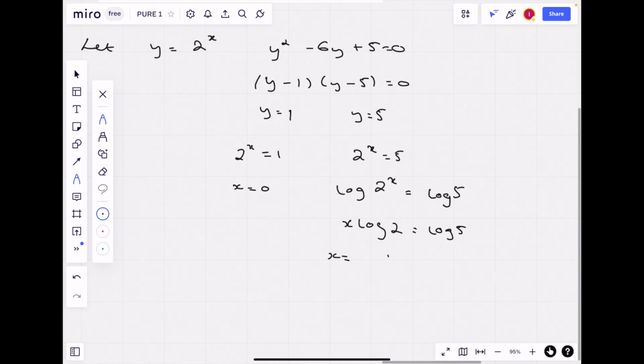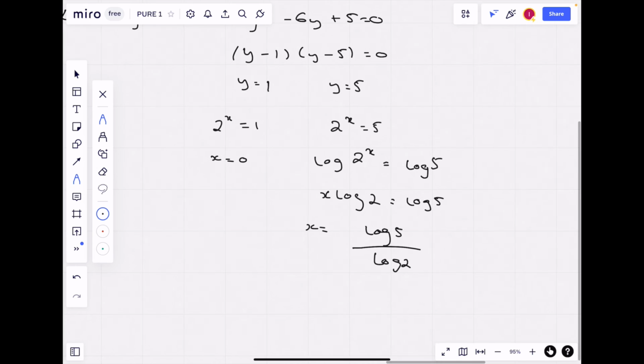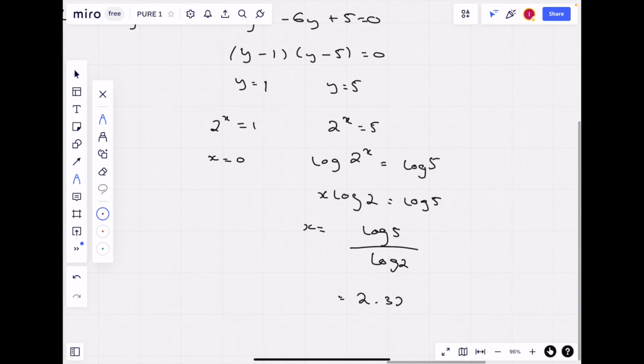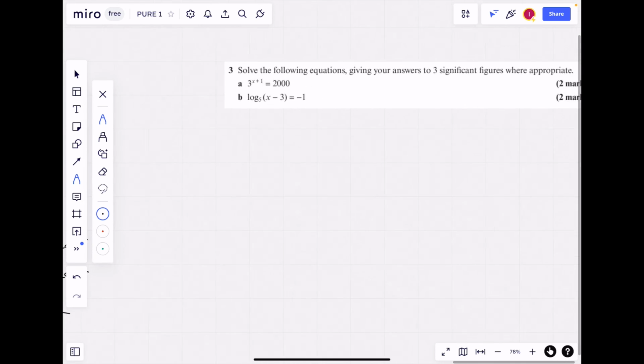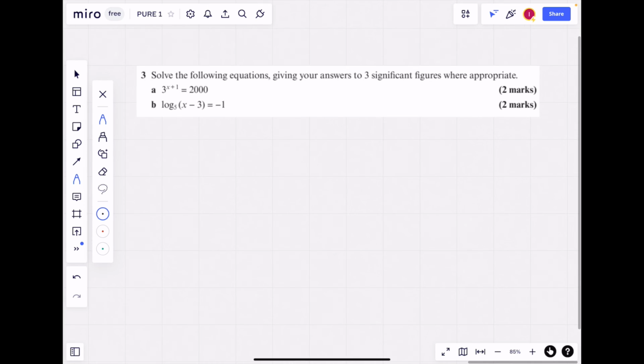So x equals log 5 divided by log 2. So 2.32. These are our two solutions and our two values of x. Okay, that's question 2. Can you now try question 3 for me, please?